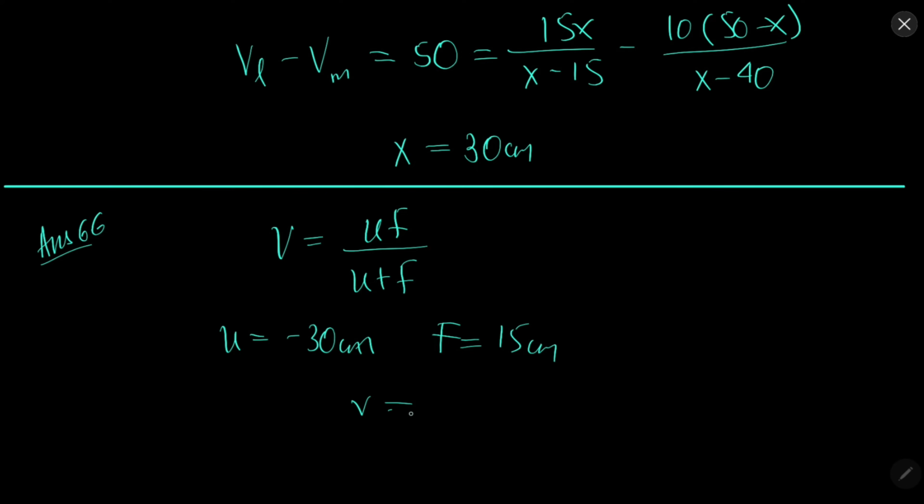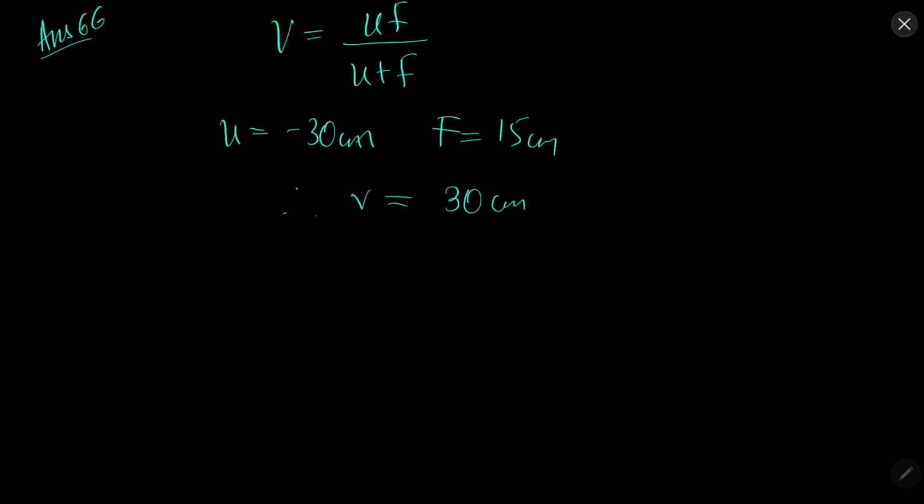When we put in the formula, v will come out to be 30 centimeters. So there will be refraction and then reflection. Ultimately the final image will be formed at AB and will be of the same size as the object.